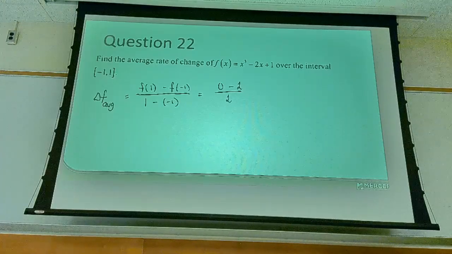I hope it's not 0. That'd be a problem. And then negative 2 over 2. Average rate of change here is negative 1.